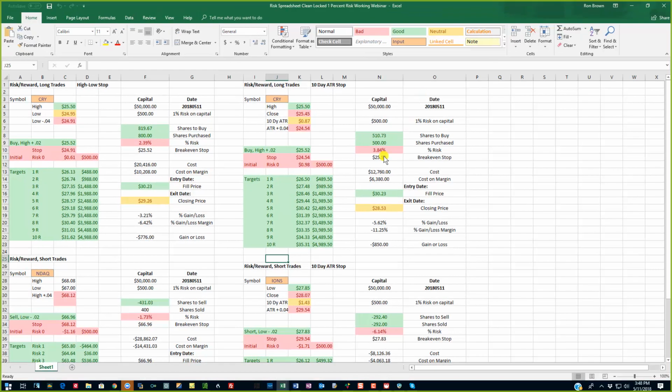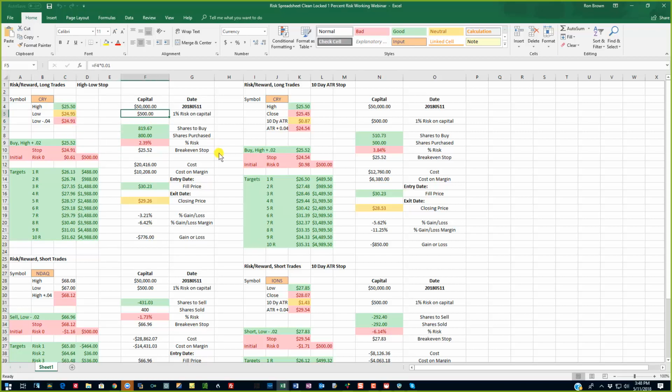For those who have taken the webinars, this is just a risk spreadsheet, and this was a sample I put in today. I'll take a look at this, and then I finally will end this. I put in the high, the low, and it calculates a low minus 4.